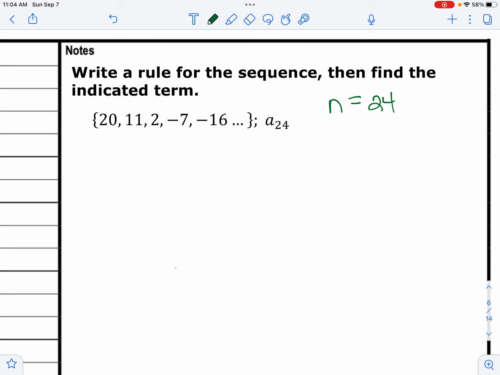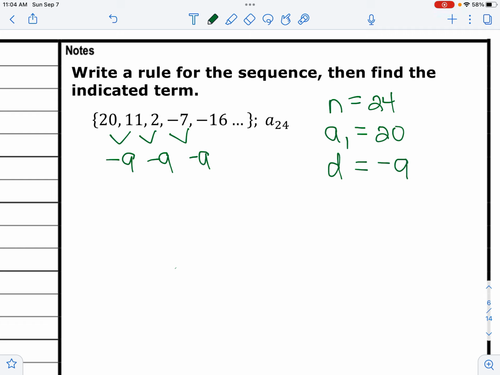And a sub 1 is 20. And then my common difference, let's take a look. This one here is negative 9. It's going down by 9 each time, right? Okay, so that's negative 9.